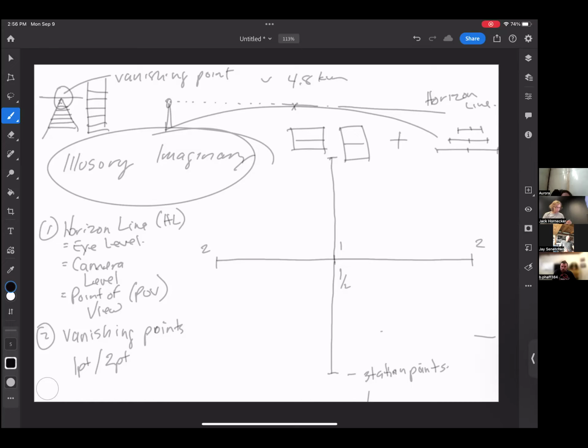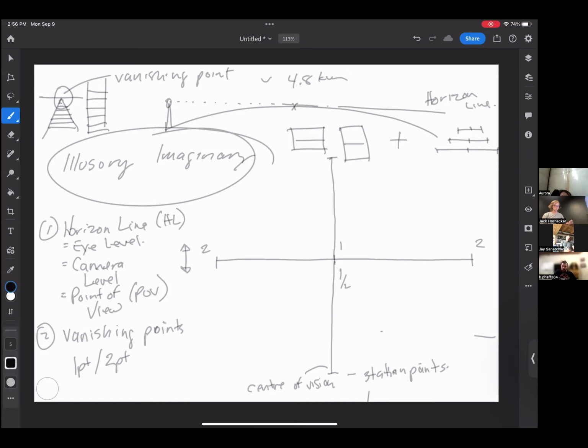Your station points, or this vertical line, also represent what is known as the center of vision. So basically that indicates what is to the left and what is to the right of your hypothetical audience's center of vision. So what you have is a horizon line that tells your audience what is above and below their eye level.